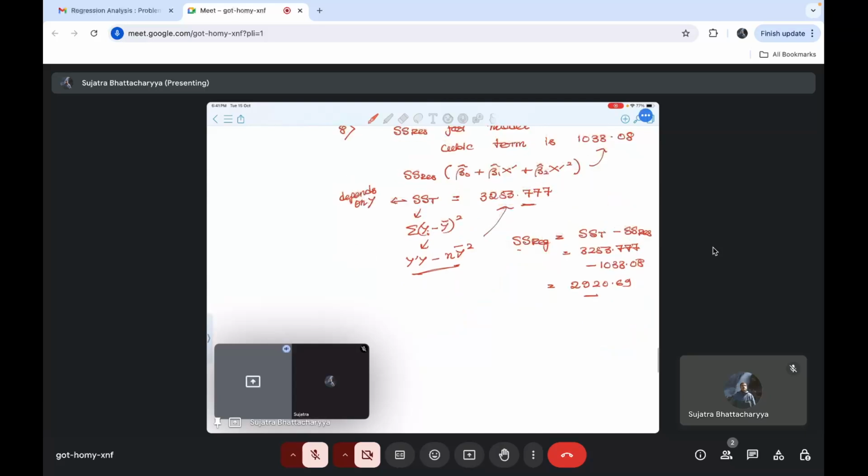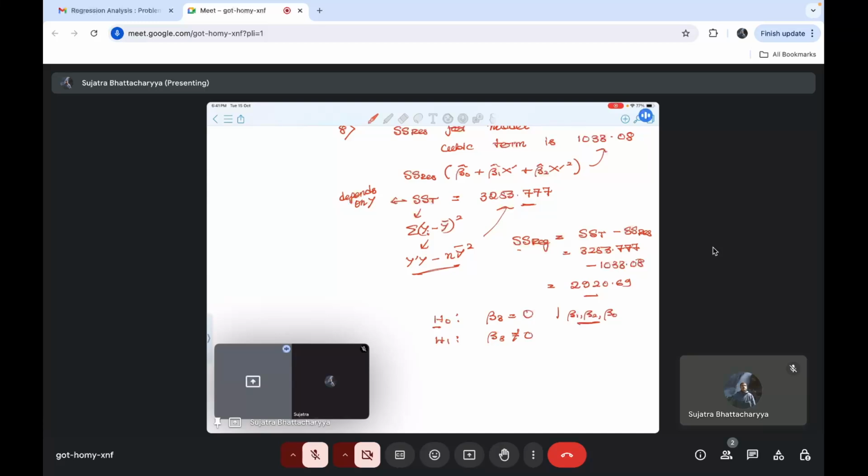Therefore, you can create an H naught where you say that beta 3 is equal to 0, or H1 where beta 3 is not equal to 0. If H naught is accepted, then in the presence of beta 1, beta 2 and beta naught, which will always be there, if beta 3 is 0, that is the null hypothesis is accepted, then we can delete the cubic term.